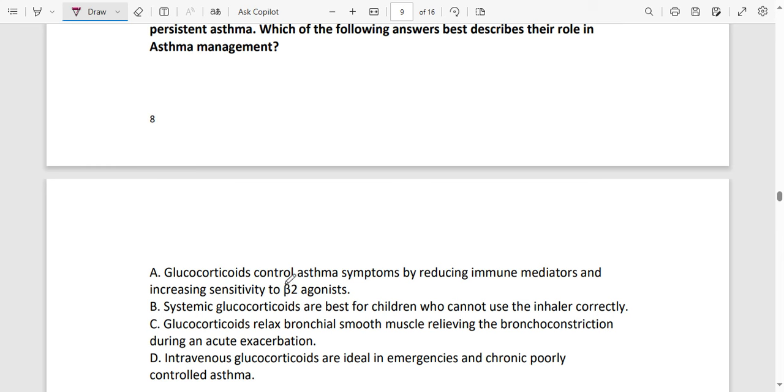B, systemic glucocorticoids are best for children who cannot use the inhaler correctly. C, glucocorticoids relax bronchial smooth muscles, relieving the bronchoconstriction during an acute exacerbation. D, IV glucocorticoids are ideal in emergency and chronic poorly controlled asthma. Anyone that can help with this one?